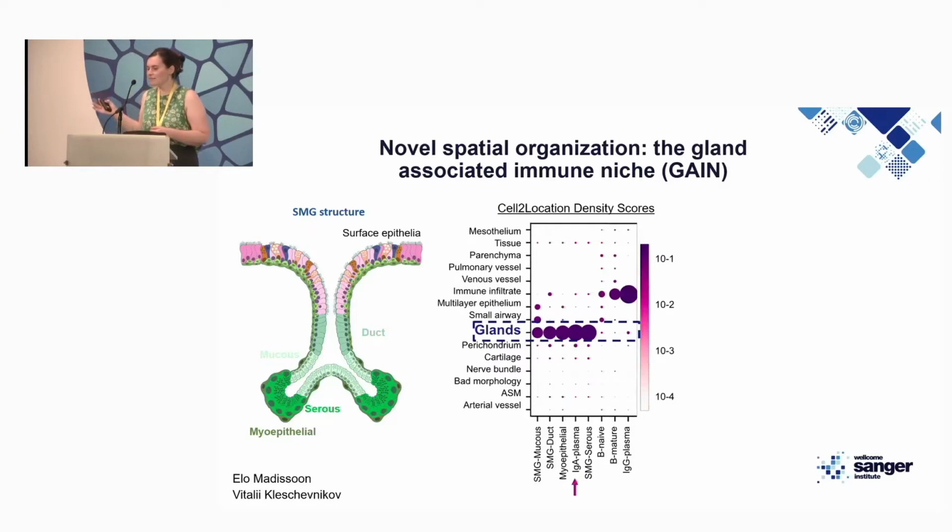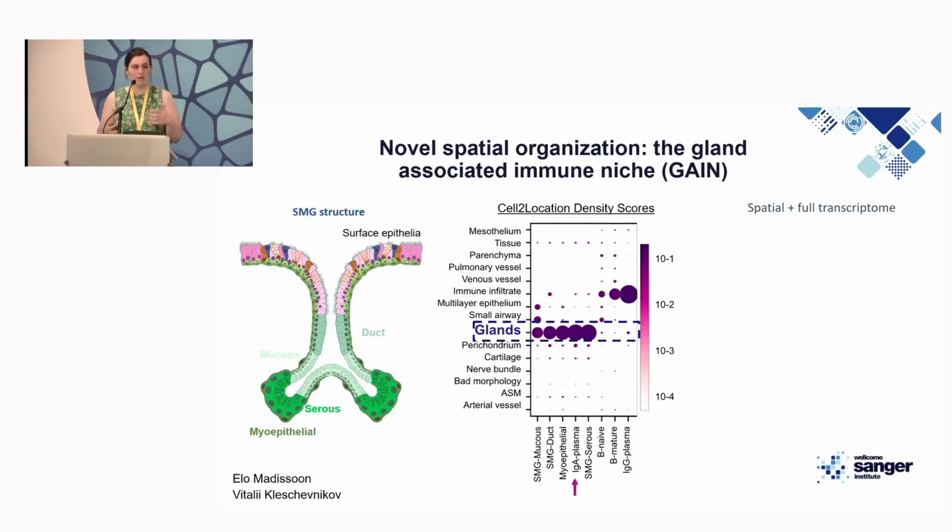And so really excitingly, we identified that IgA plasma cells were mapping exclusively to the glands, but not other tissues. And IgG plasma cells, for example, were not present in these gland areas. And so this was really exciting because it wasn't really known, and these IgA plasma cells are co-localizing with the submucosal gland epithelial cells.